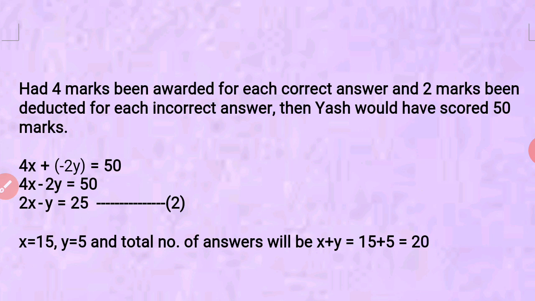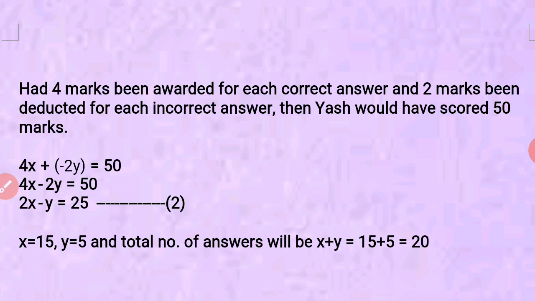Now the second condition. It is 4 marks awarded for correct answer. So it makes 4x. And 2 marks deducted for incorrect answer. So it is minus 2y. Both of them together it is 50. That is the score. So children, 4x plus minus of 2y is equal to 50.